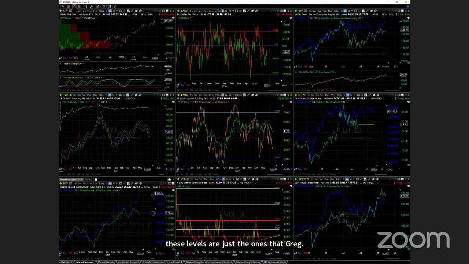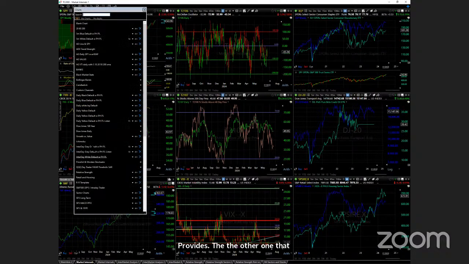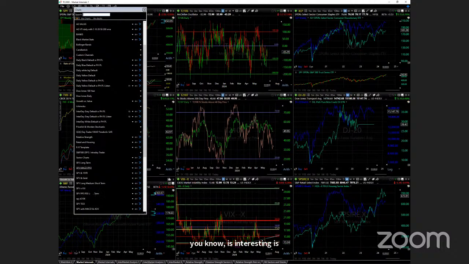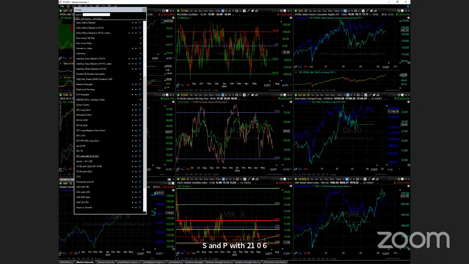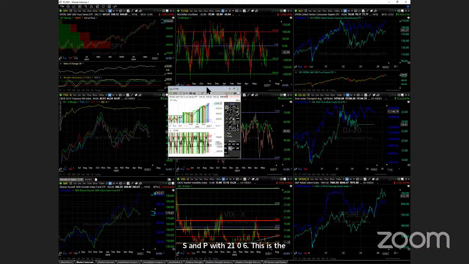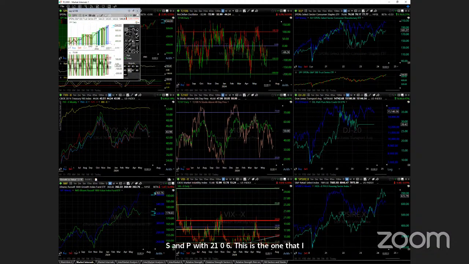The other one that I've shared as well, which is interesting, is this SPY, the S&P with 2106. This is the one that I look at each week. So let's see.